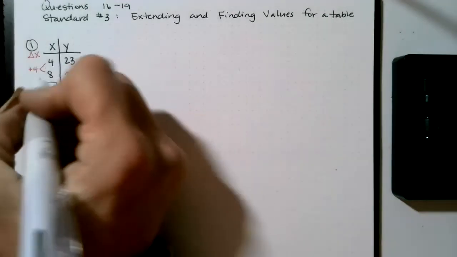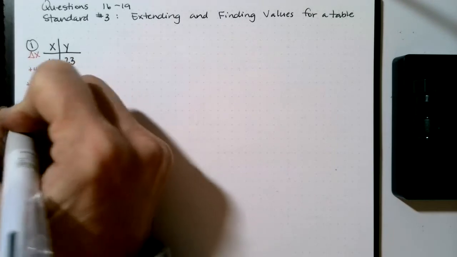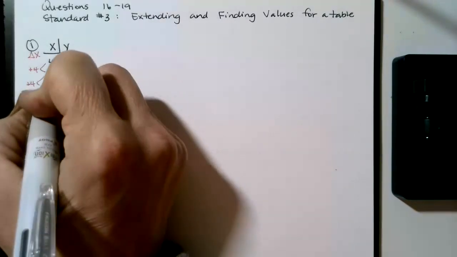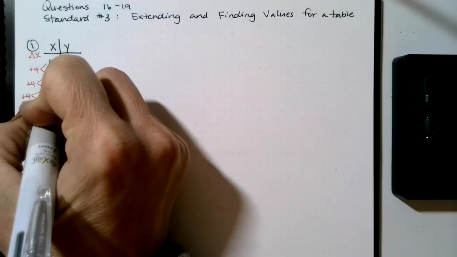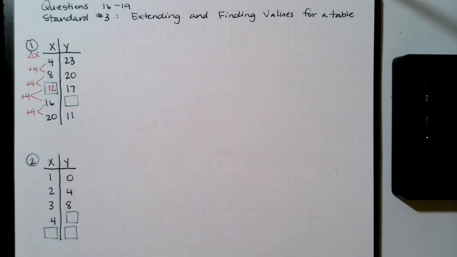It is likely then that 8 plus 4, and whatever this number is plus 4, will be the pattern that continues. So 8 plus 4 gives me 12, and 12 plus 4 gives me 16. I could be pretty confident that that first missing value is 12.